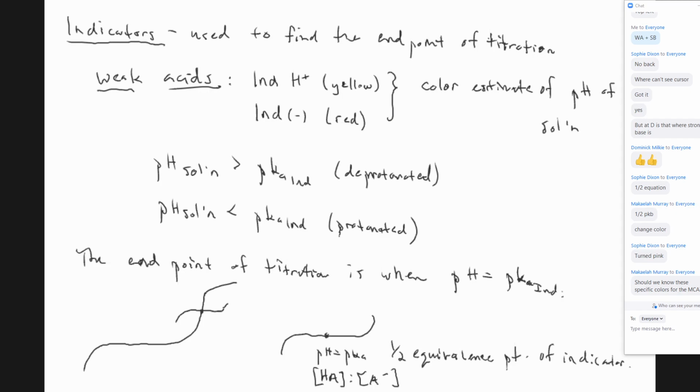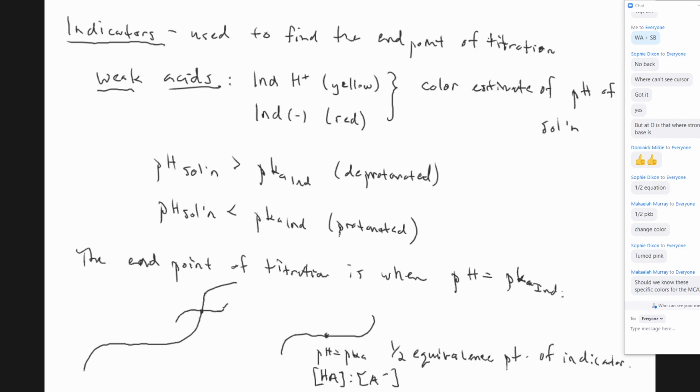So let me pull up my acid base equation that I'm going to share with you. I'm going to do some worksheet questions on it. I can't scroll up, apologies.